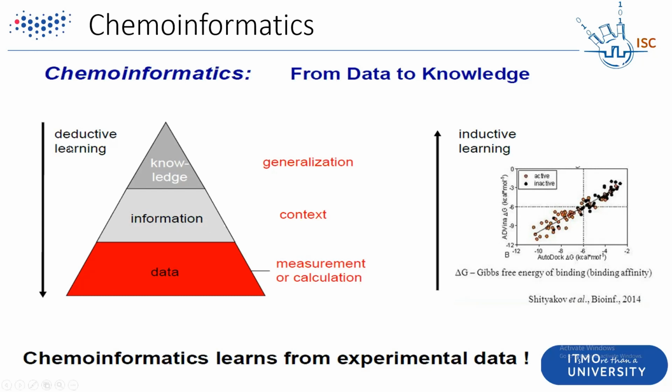So you might try to use the deductive learning, coming from the knowledge such as a click reaction to the big data, as the database generation. And then you also get the information in between, or information from the data processing.